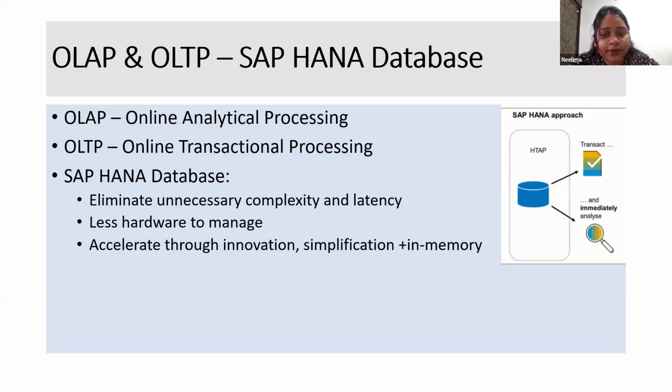Data is stored in memory instead of disks, which makes processing much faster and reduces latency. It also reduces the need for multiple servers and hardware systems, making it easier to manage. So, SAP HANA accelerates business performance through innovation, simplification, and real-time processing. Okay, this is OLTP and OLAP with the SAP HANA database.